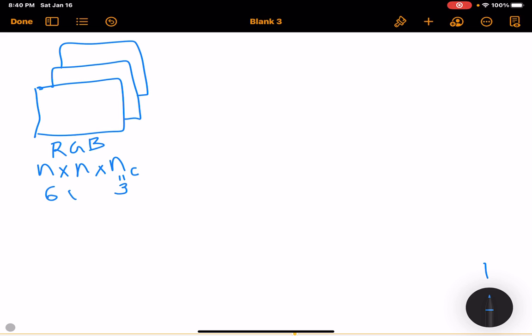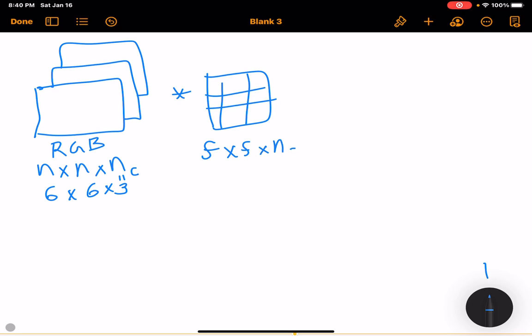Suppose that this is a 6 cross 6 cross 3 image, and I am convolving it with a filter of size F cross F cross NC. That is, I will have the filter for convolving with the red component, the green component and my blue component.